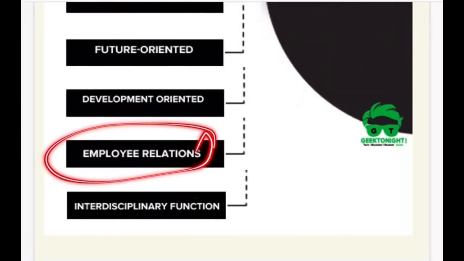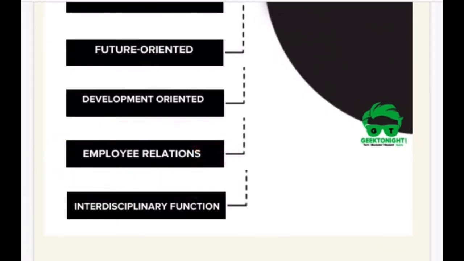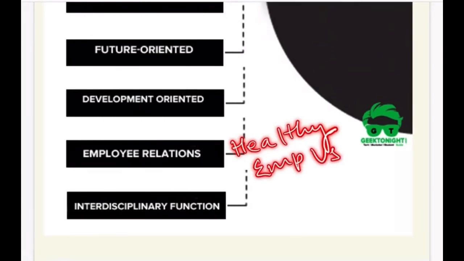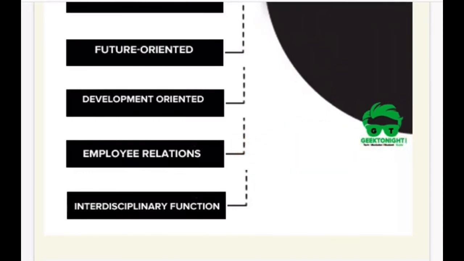Then employee relations, as we discussed earlier many a time, there should be a healthy relationship between employee and employer, employee versus employee. So it's our responsibility, HR people's responsibility, to build good relationships between employee and employee, employer and employee, and employer and employer sometimes.